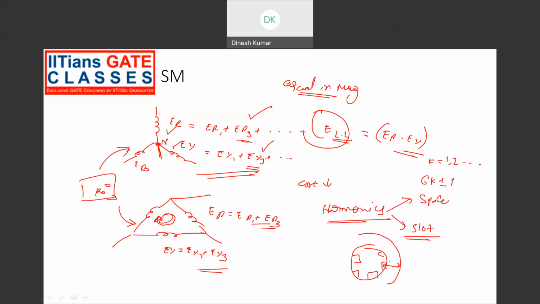Here the air gap is more, here it is less. So due to this variation in reluctance caused by the slotting of the stator and rotor, slot harmonics are produced. These slot harmonics can be eliminated with a fractional slot winding or by skewing the armature slots.